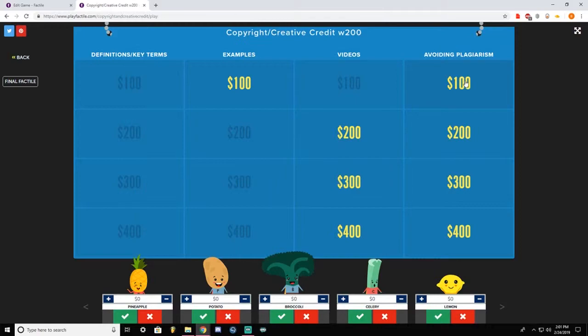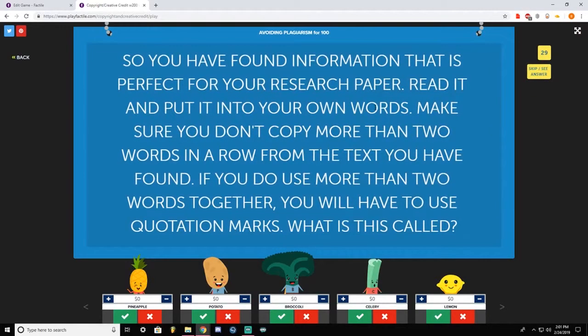And then also, to teach the students how to avoid the different things that they learned in these sections, I did an avoiding plagiarism section. So I would basically explain something that is good to use when avoiding plagiarism.